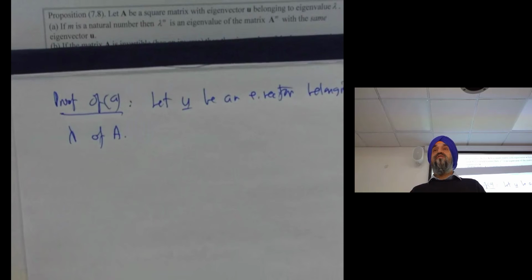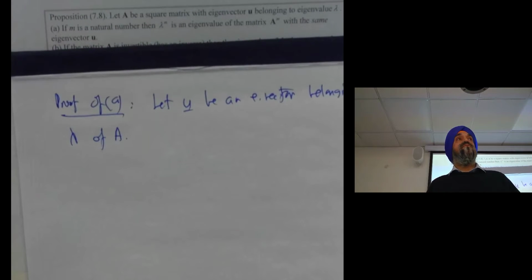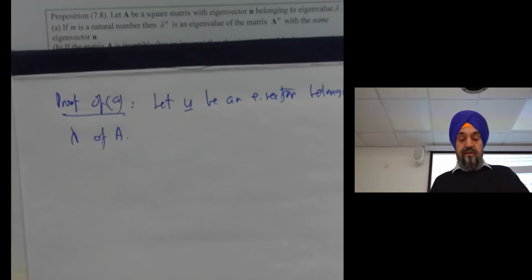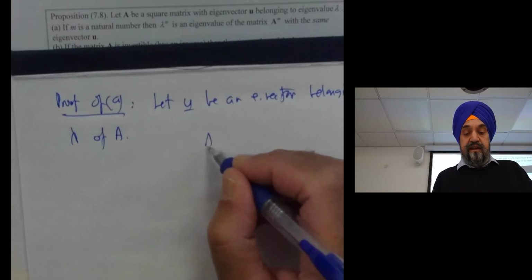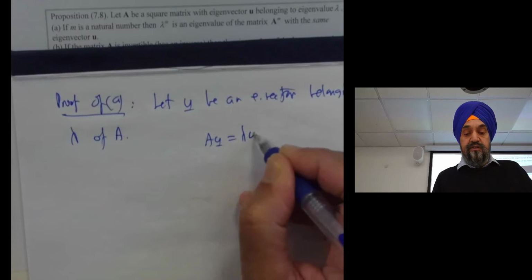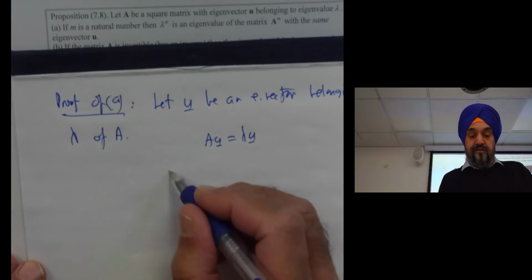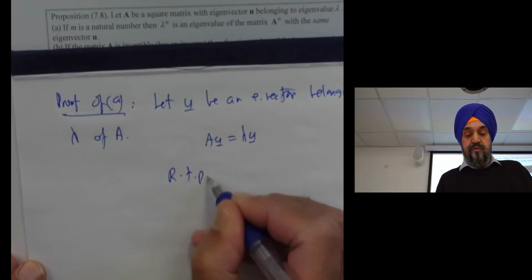So what can you say with that? Well, from the definition, we know AU is lambda U, don't we? What do you want to prove? What's our destination? What do we actually want to prove?